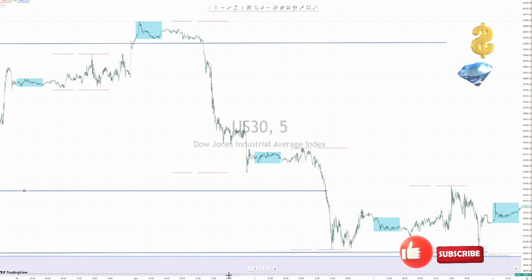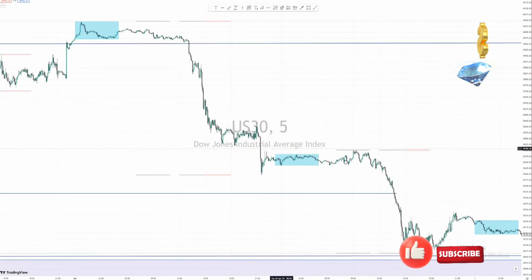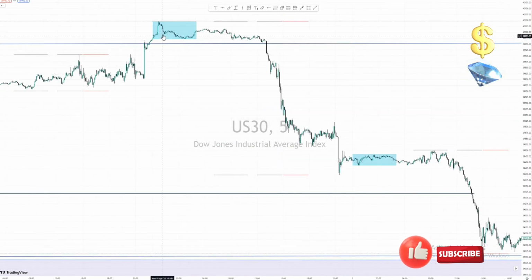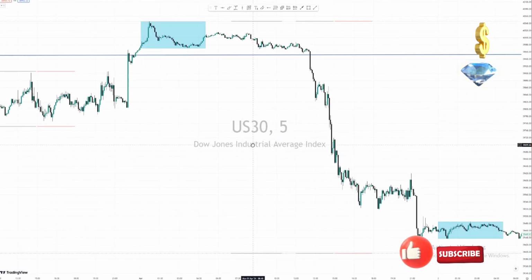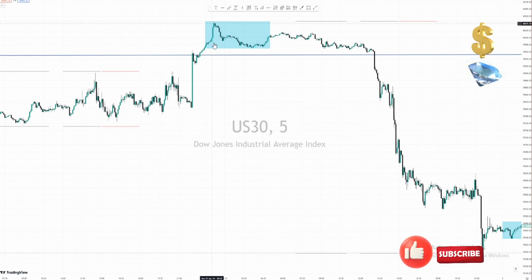This was where price took this. Okay, let's see. Price took this liquidity here. An energetic move down.